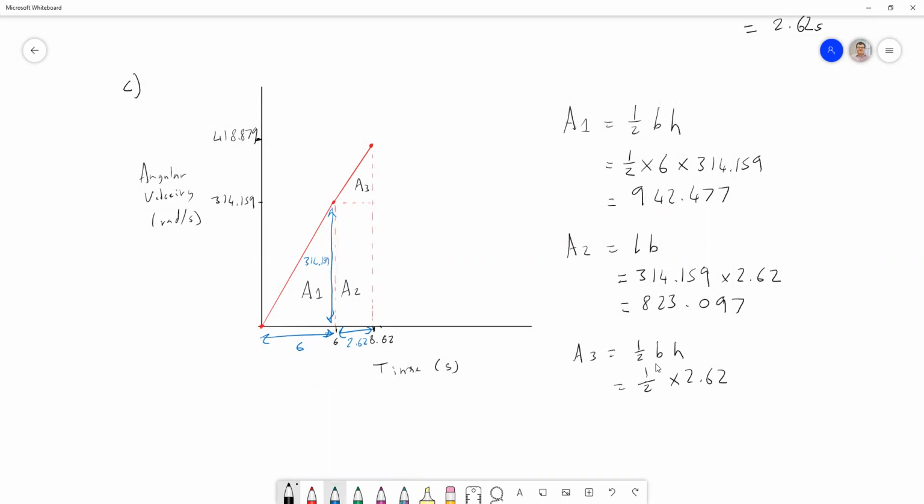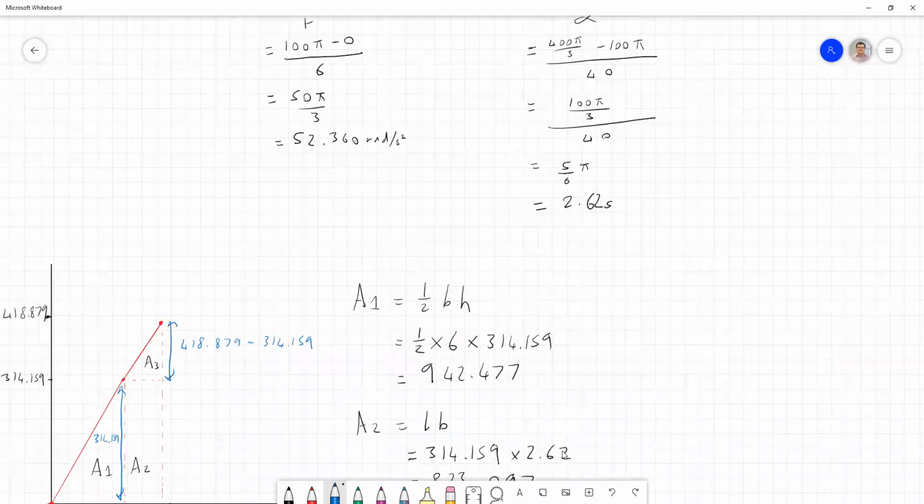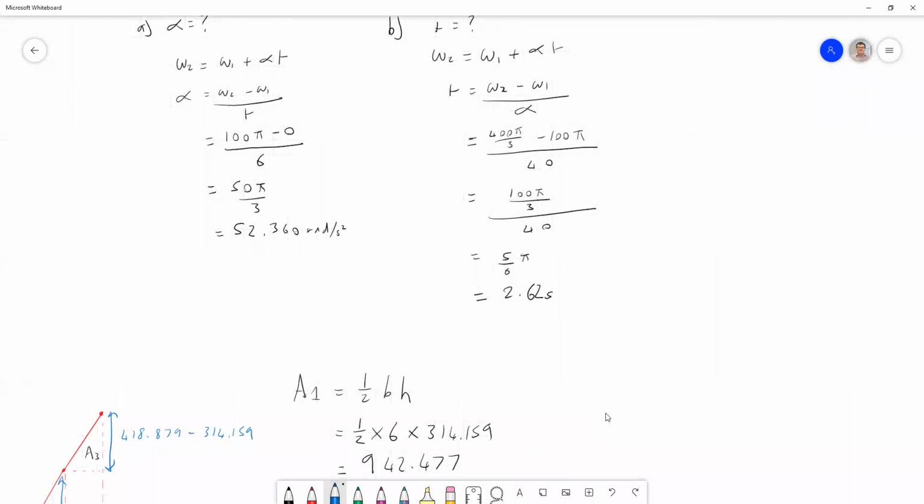And the height of the triangle, well, let's be careful with what this is here, but it's a difference between the final and initial velocity from stage 2. This height is 418.879 minus 314.159. And you may have observed, we actually worked this out already. It was the same as 100 pi divided by 3.